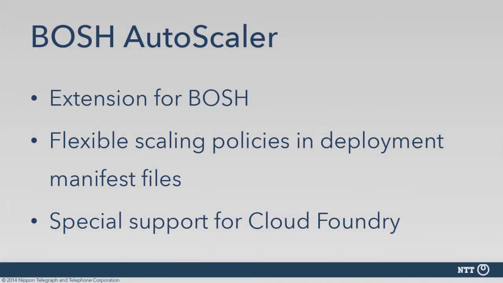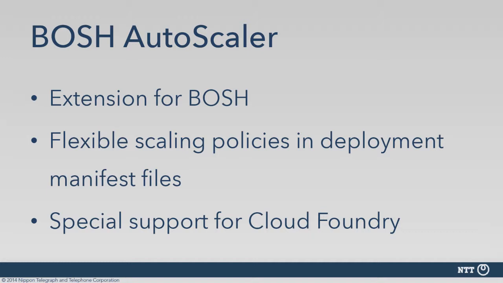Well, the BOSH Auto Scaler is literally an extension for BOSH. BOSH is, as you know, the default deployment tool for Cloud Foundry. So if you are using BOSH to deploy Cloud Foundry to your cloud, BOSH AutoScaler is the best way to provide auto-scaling capability to your Cloud Foundry.